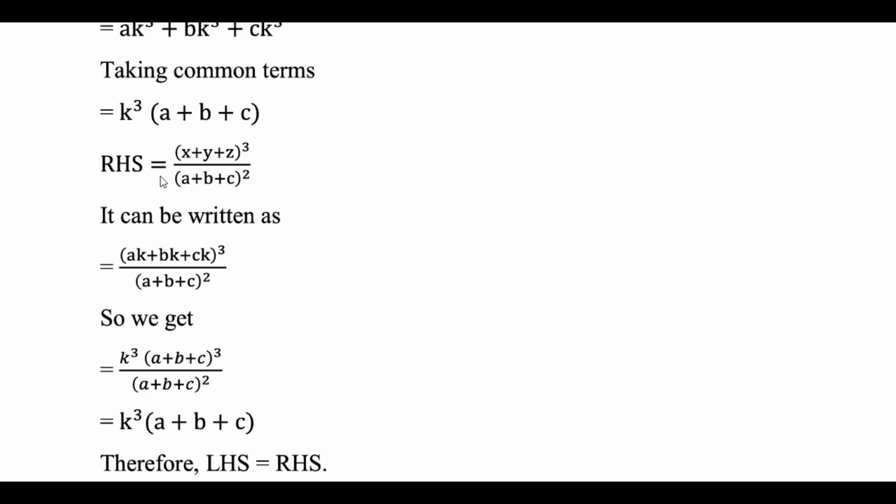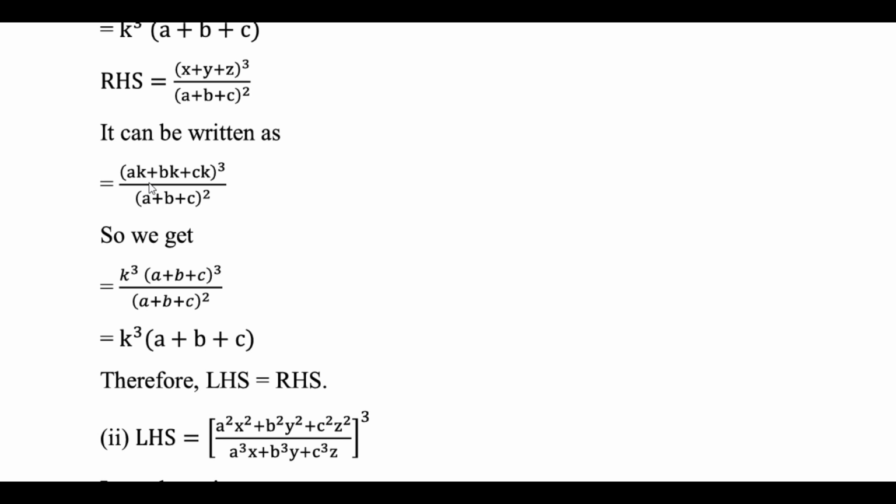Come to the right hand side, that is given over there: x plus y plus z cube divided by a plus b plus c to the power 2. So we can write, as it is the same form, ak plus bk plus ck to the power 3 divided by a plus b plus c square.